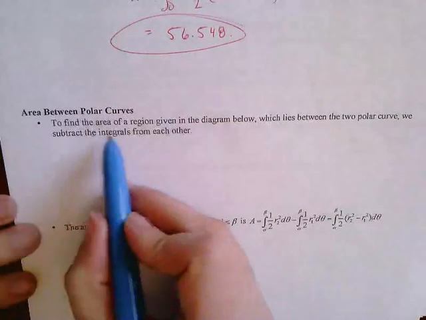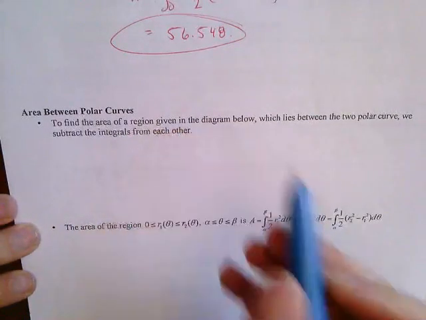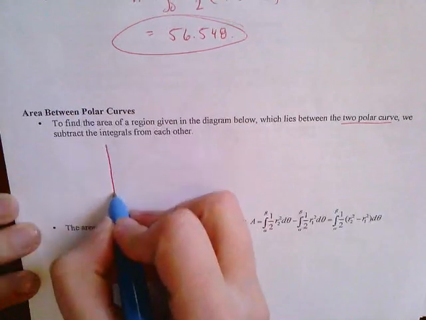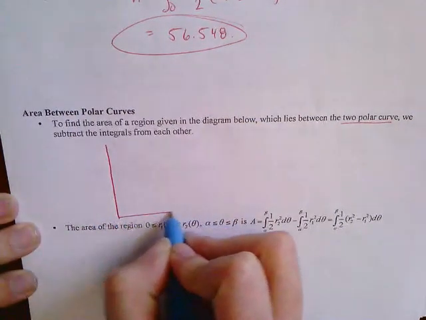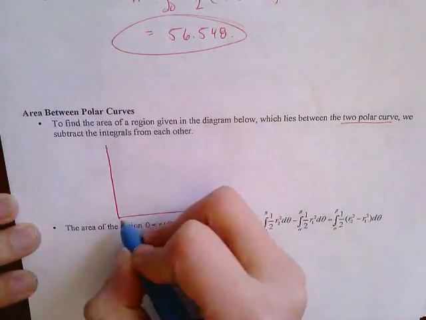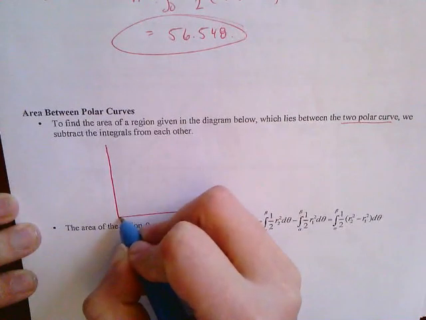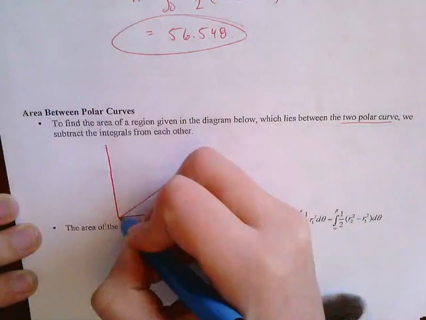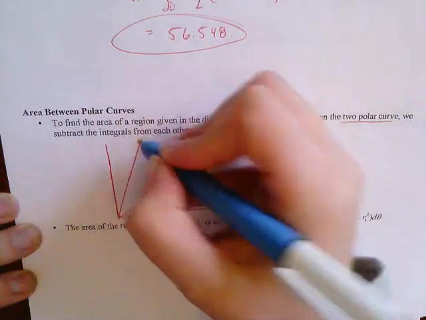All right, to find the area of a region given in the diagram below, which lies between two polar curves, so this is what we mean. We have a sector from alpha to beta.